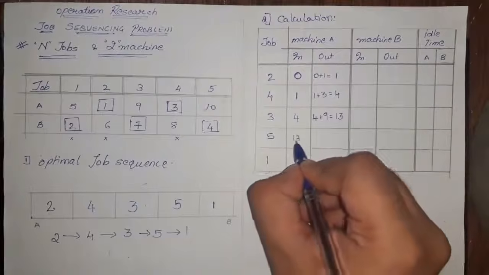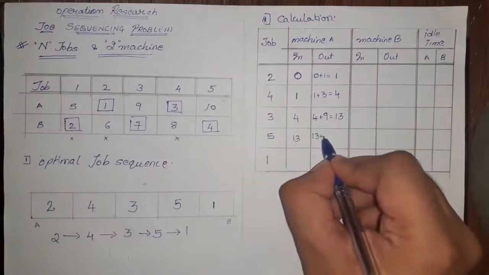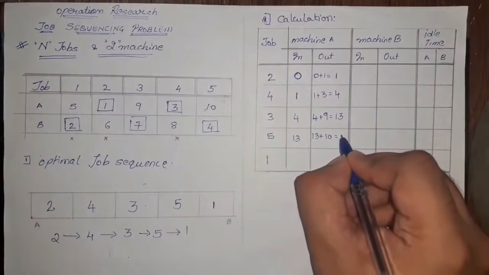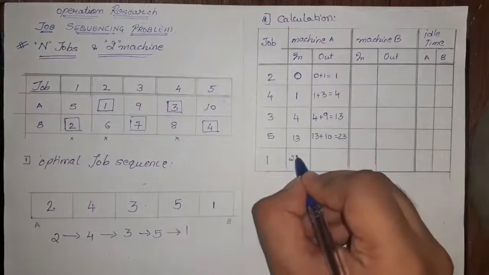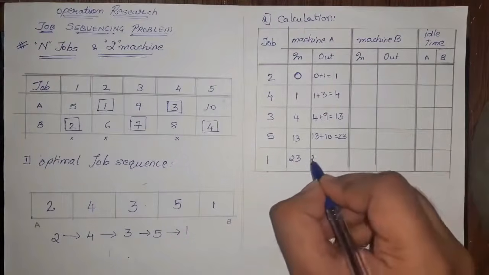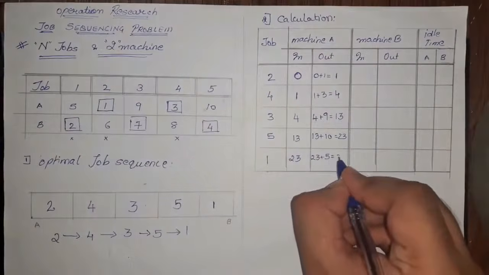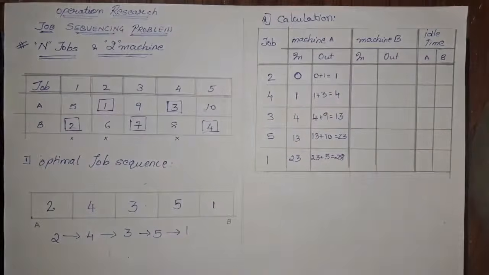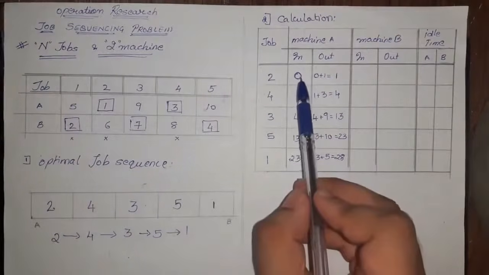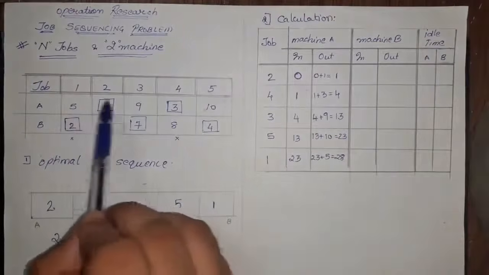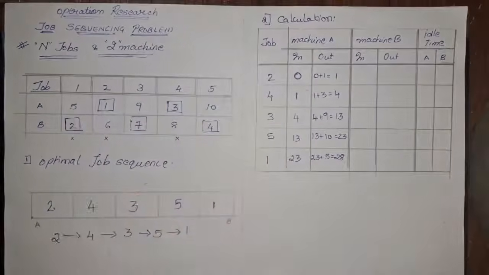We bring 13 down. Next is 13 plus job number 5, which has taken 10 hours, so it becomes 23. We bring 23 down. Lastly, 23 plus job number 1, which has taken 5 hours, so the total is 28. So we start with 0 and keep adding the hours taken by the respective job.